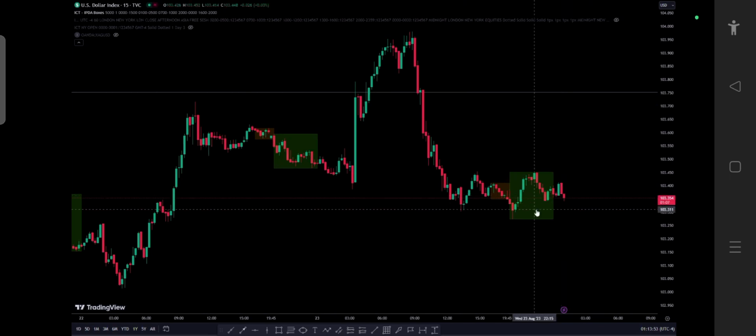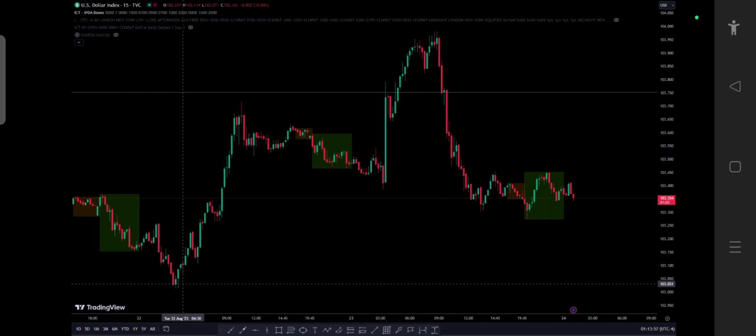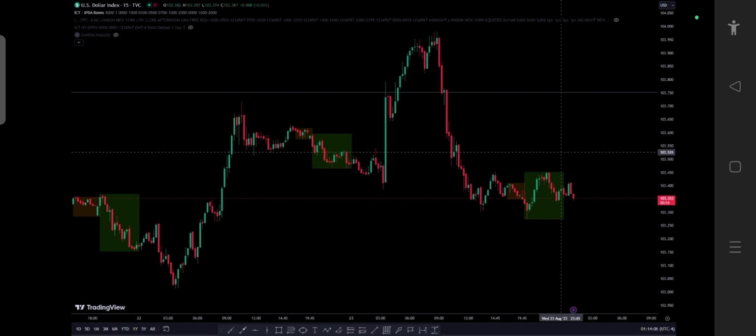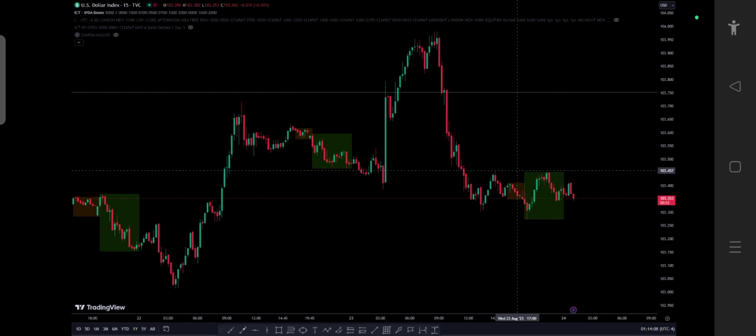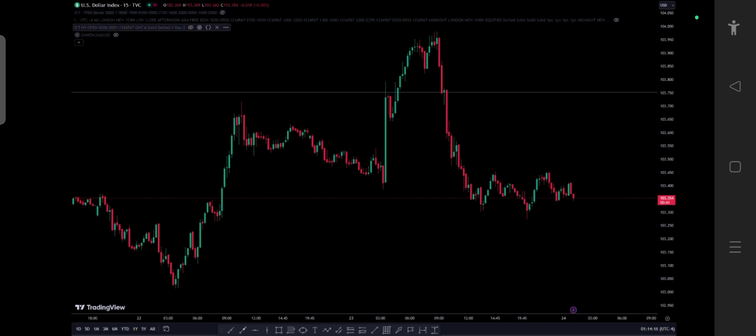Still expecting lower prices here for the trade today. However, we can take out the Asian range high, then there are relative equal highs too, so it will be good for the price to take out those highs, then reject on the lower side. That does make sense to me.